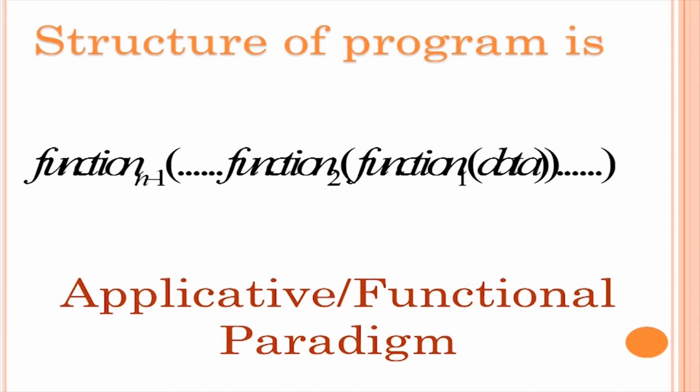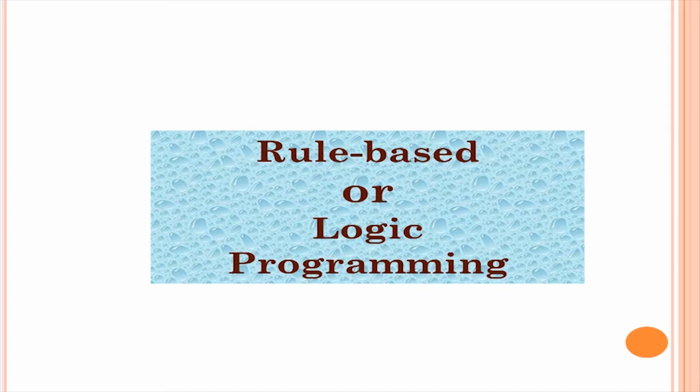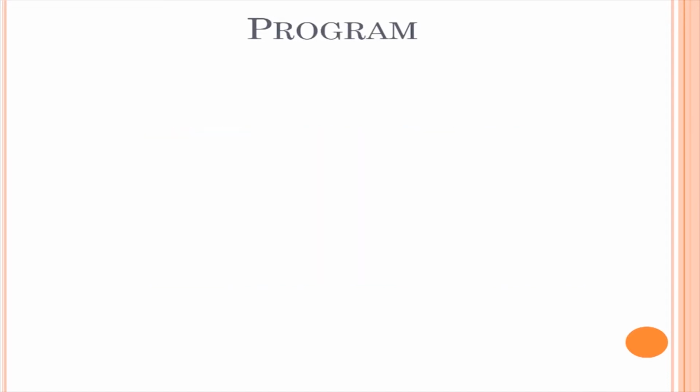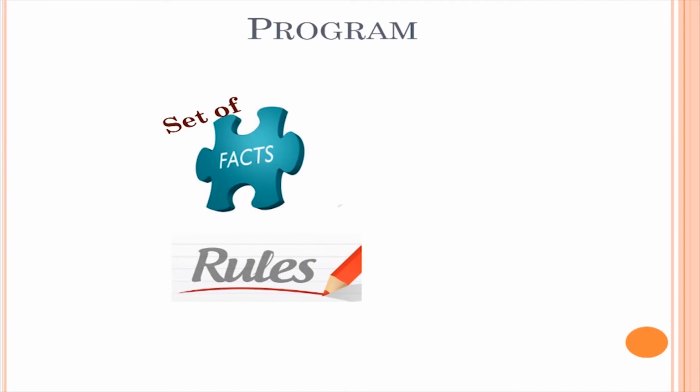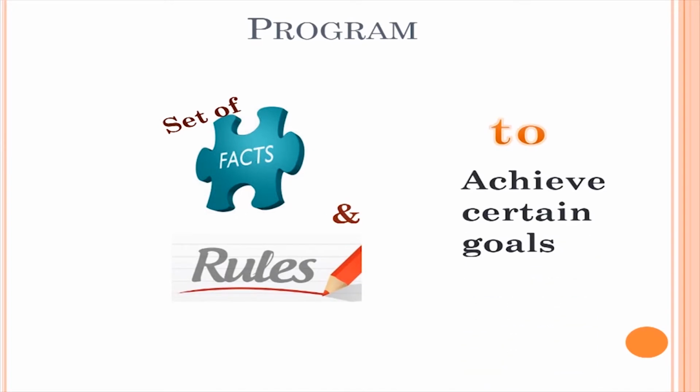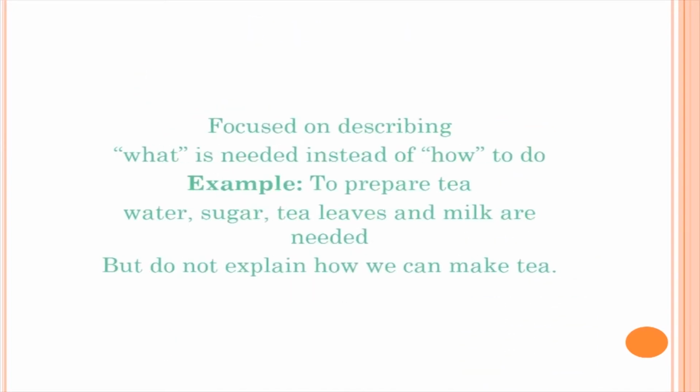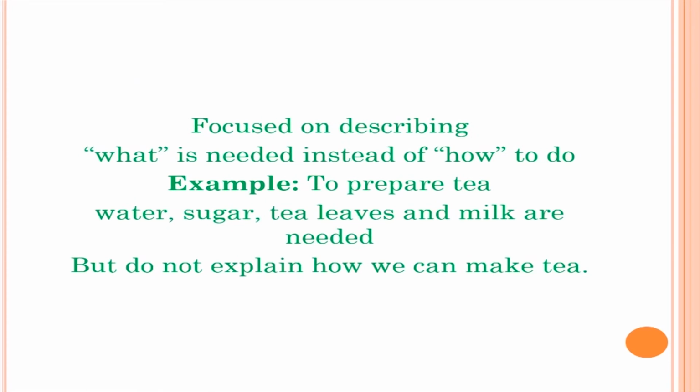Next is rule-based programming, also called logic programming or declarative programming. In this language, a program is viewed as a set of facts and predicate rules to achieve certain goals. This programming language is focused on describing what is needed from the program without specifying how to solve it, in contrast to the previously discussed imperative programming.